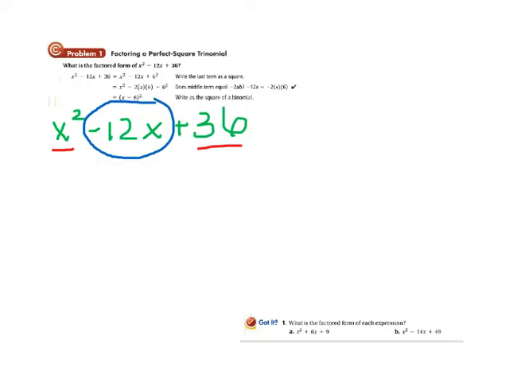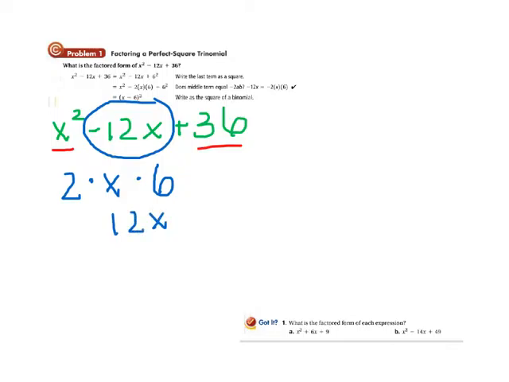If this term is 2 times the square root of the first term, which would be x, and the square root of the next term, which would be 6, then it is a perfect square trinomial. And if we simplify 2 times x times 6, we have 12x.